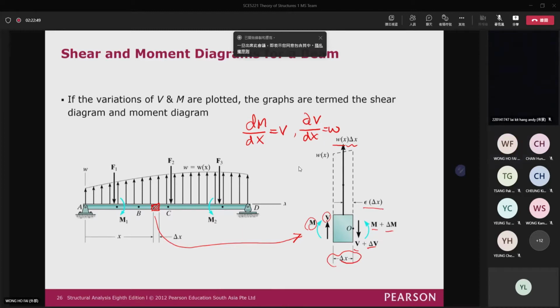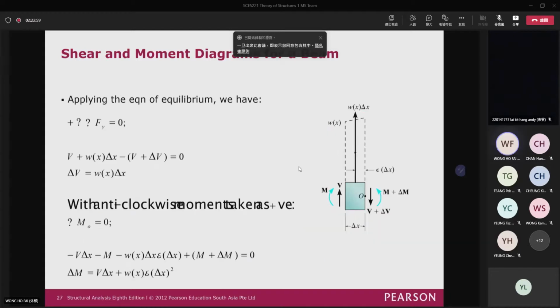But otherwise, it will be away from the center of the distributed load or the centroid of the shape, right? So for that one, we will use the so-called equilibrium equations to consider the case.